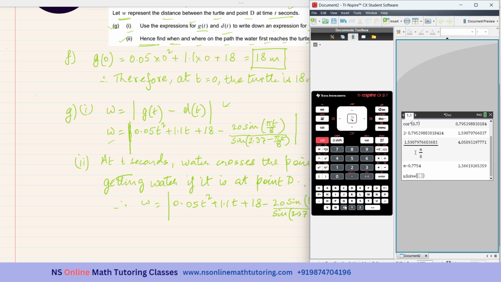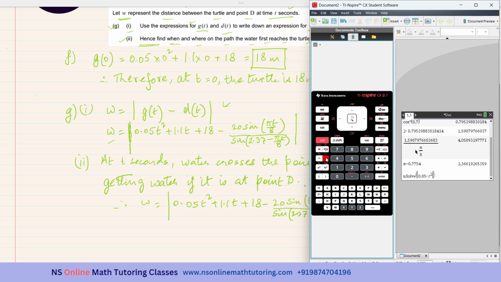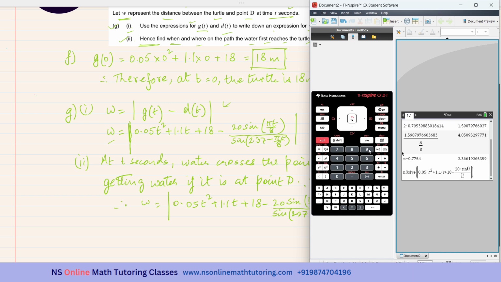Okay, and 0.05 times, I can write t square plus 1.1 times t plus 18 minus, I need this thing, it is 20 times sine of pi t over 8.